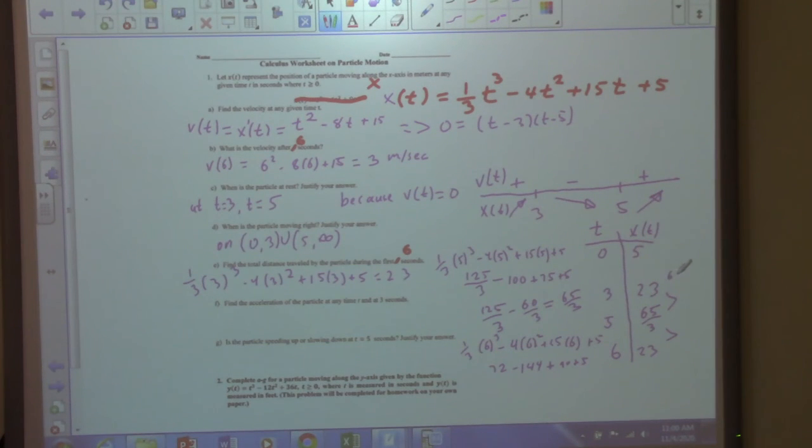So 69 thirds minus 4/3. So 4 thirds here, and we got another 4 thirds coming back the other way, right? That's 8/3. So 8 thirds. So the total distance traveled was 18 plus 8 thirds.